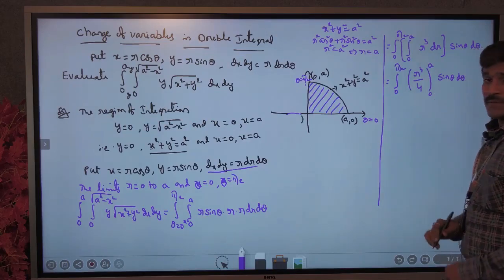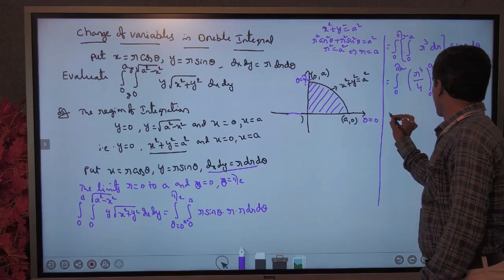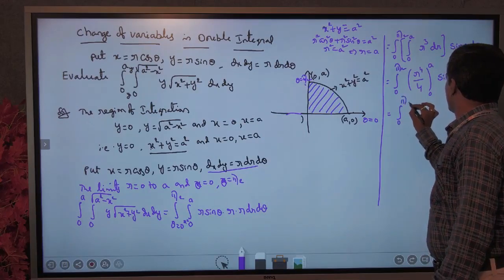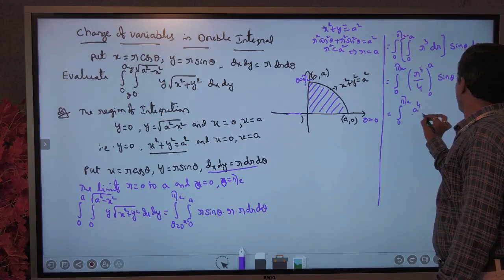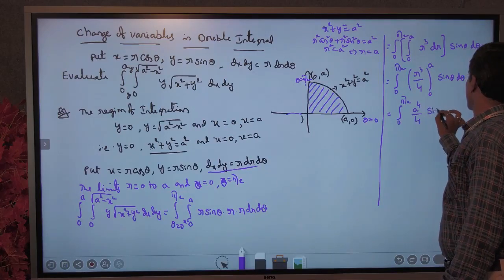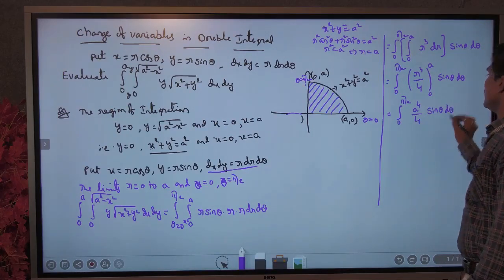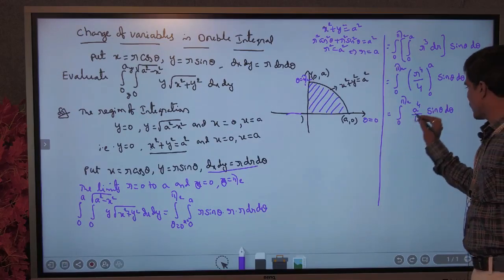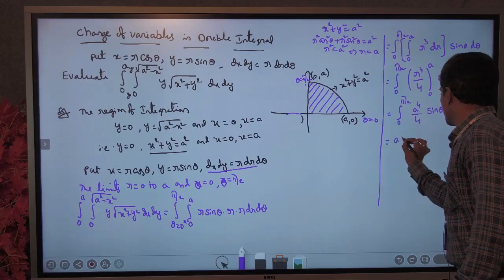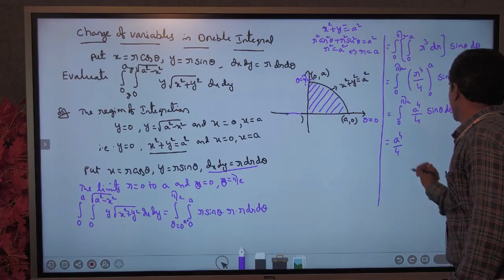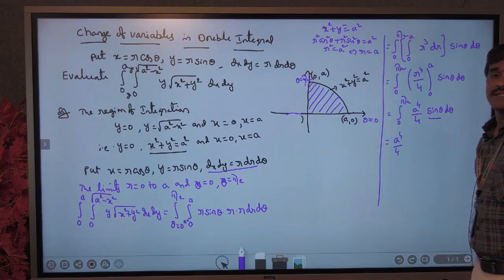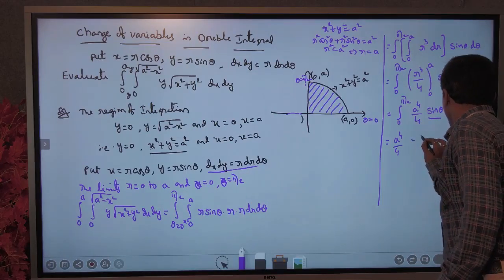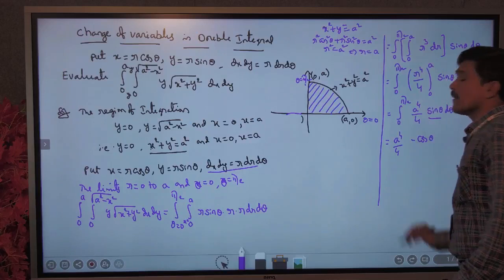Now substitute the upper limit and lower limit in place of r, then we get integral 0 to pi by 2 of a power 4 by 4 sin theta d theta. Now integrating with respect to theta, a power 4 by 4 is constant. What is the integration of sin? It is minus cos theta.